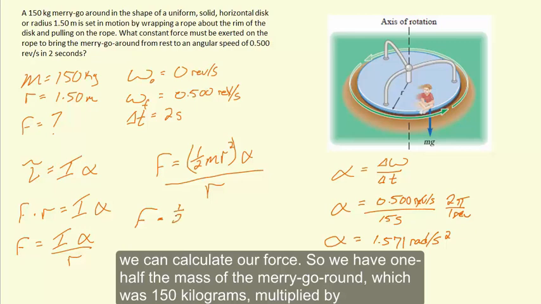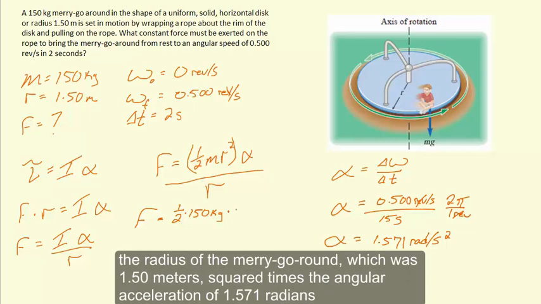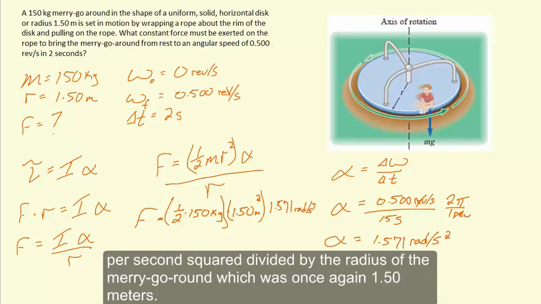So we have 1/2 the mass of the merry-go-round, which was 150 kilograms, multiplied by the radius of the merry-go-round, which was 1.5 meters squared, times the angular acceleration of 1.571 radians per second squared, divided by the radius of the merry-go-round, which was once again 1.50 meters.